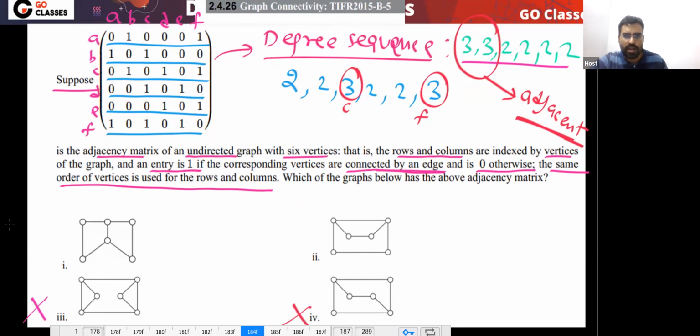Now what else can I do? Still two options are remaining. What should I do?